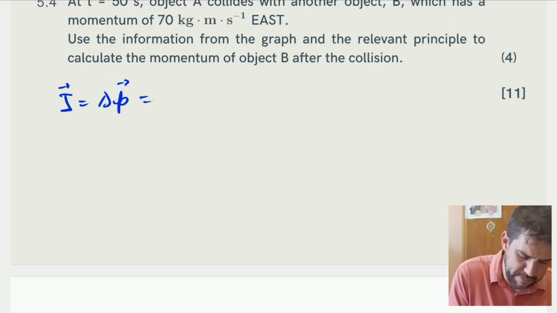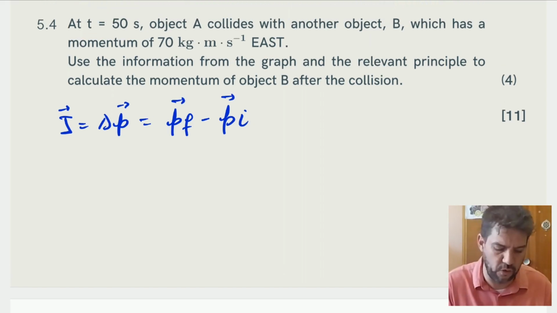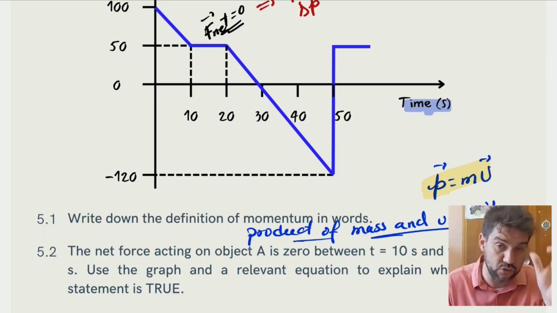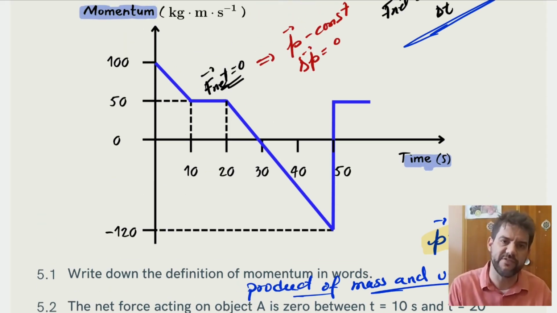So it's equal to final momentum minus initial momentum. That is what we're looking for, and those values are in the graph. The final momentum is negative 120. The initial momentum is 100, because it's between 20 and 50.